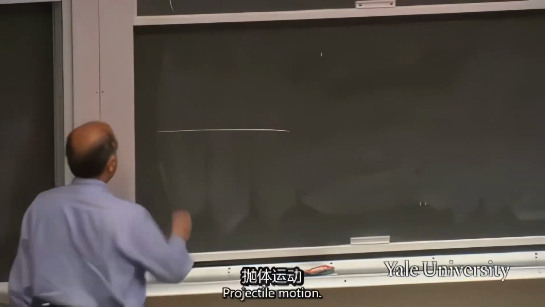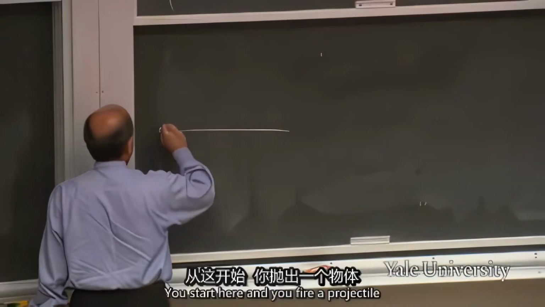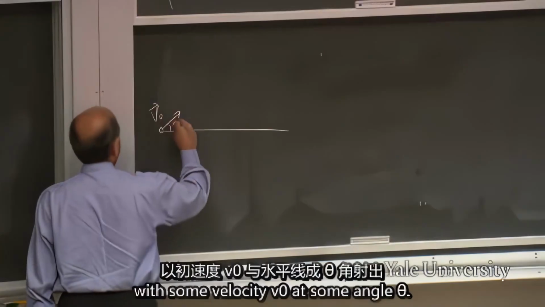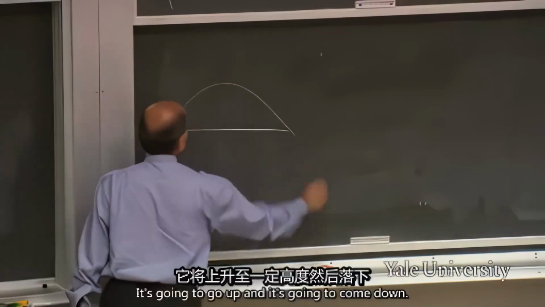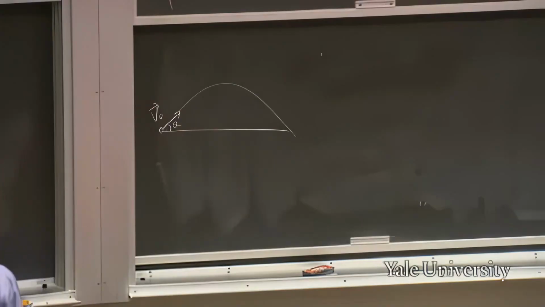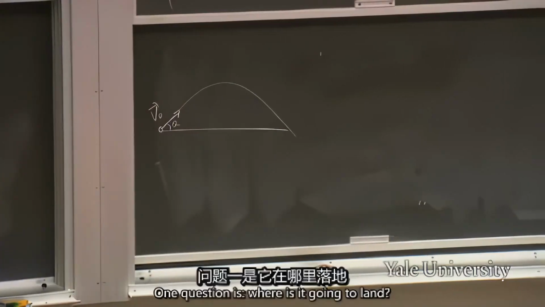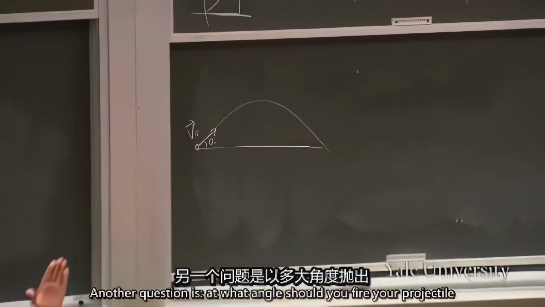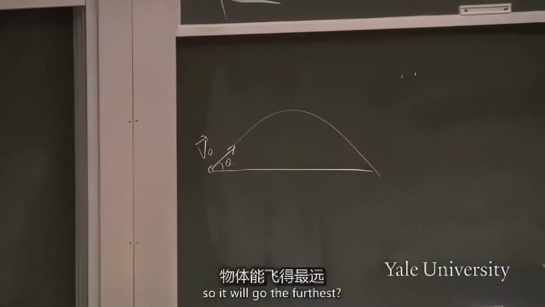So in projectile motion, you start here and you fire a projectile with some velocity v0 at some angle theta, and it's going to go up and it's going to come down. One question is, where is it going to land? Another question is, at what angle should you fire your projectile so it'll go the furthest?